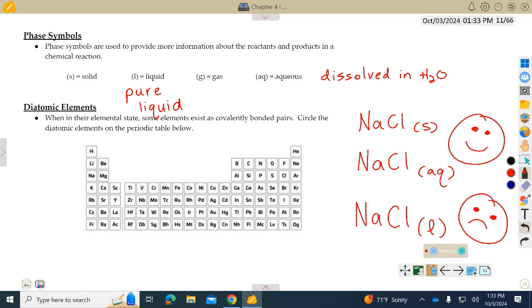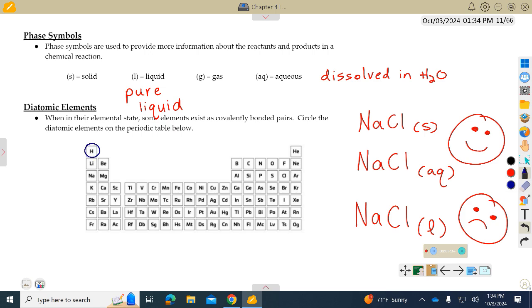And the other thing that maybe we should mention before we really get into different kinds of reactions is that there are some elements that in an equation may exist diatomic, meaning they come in pairs. Two atoms of the same element bonded together. They kind of form a pattern on your periodic table.